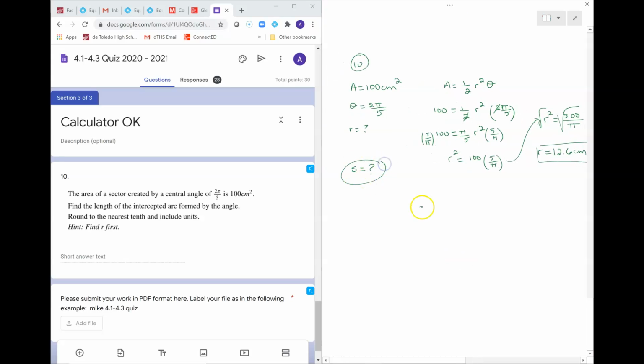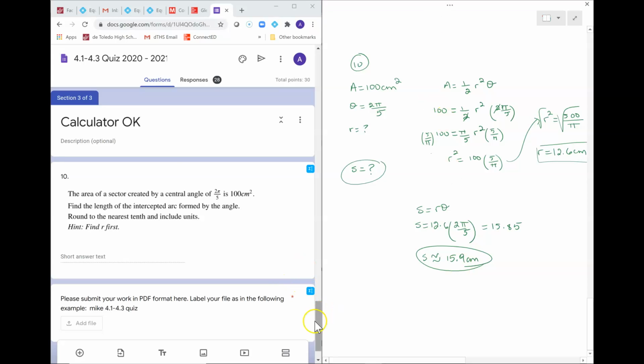I know that S is equal to r theta. And that's 12.6 times theta, which was 2 pi over 5. And that will be 15.85 and so on. So S is about 15.9 centimeters.